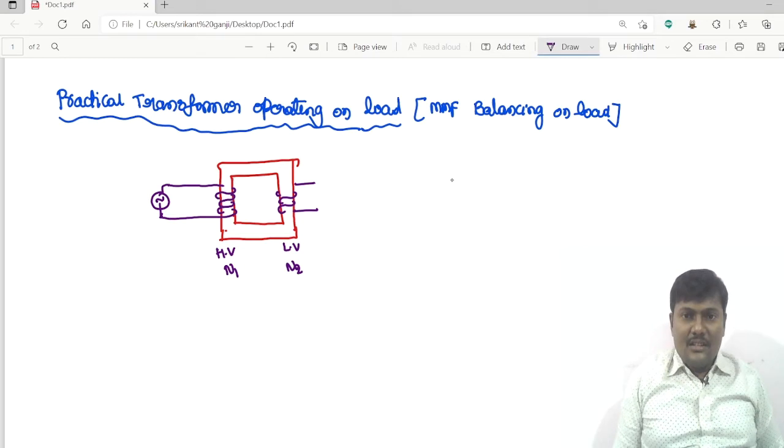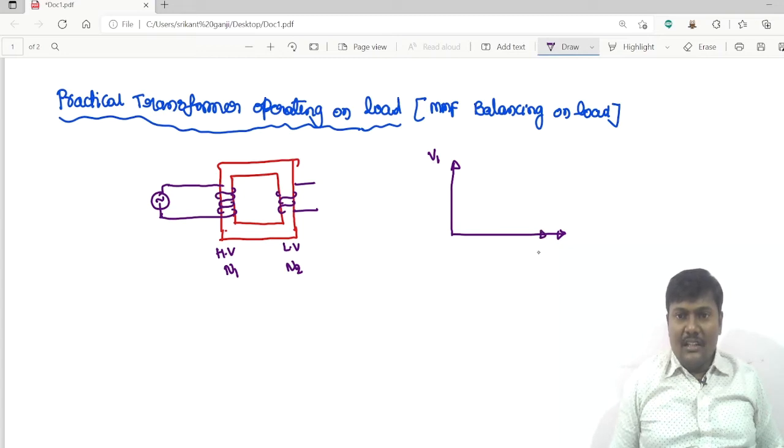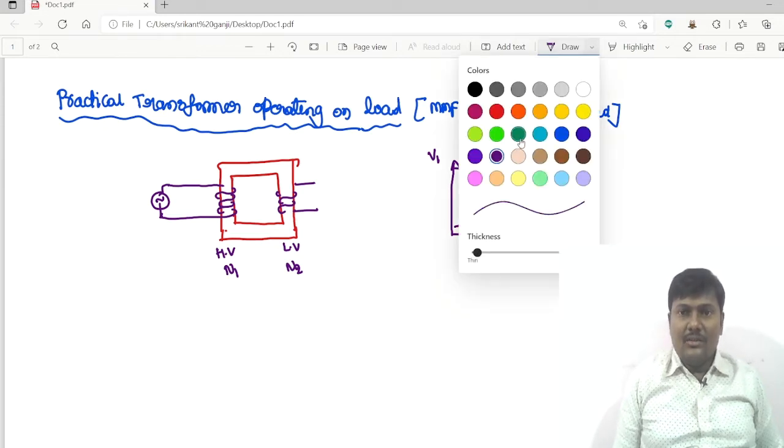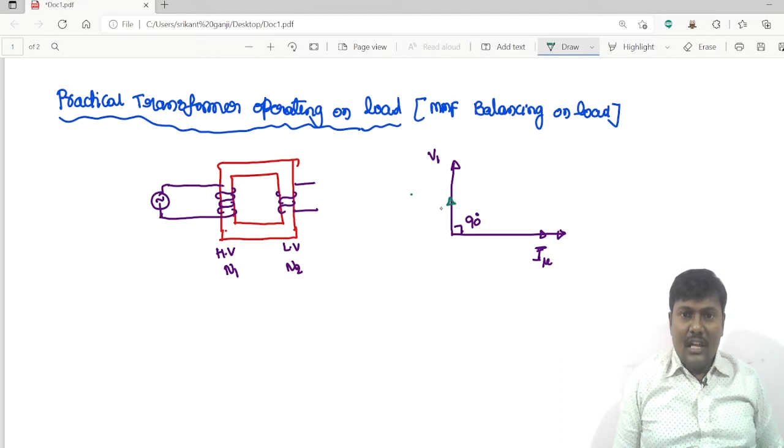So from the previous lecture, if you draw the phasor diagram, the angle between the supply voltage and the magnetizing component of current is 90 degrees. The wattful component of current is in phase with the supply voltage, that is called the active component of the current.